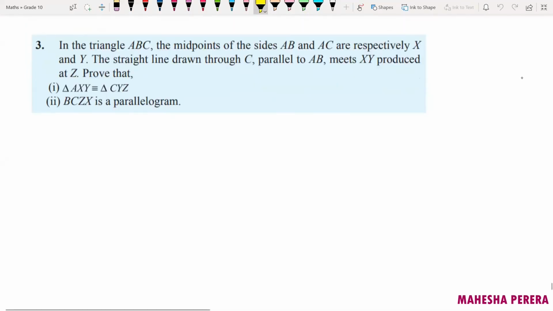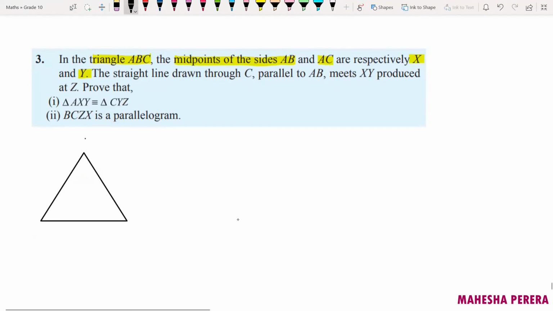In the triangle ABC, midpoints of side AB and AC are respectively X and Y. Right, now here also we need to draw the diagram. Let's draw a triangle first.